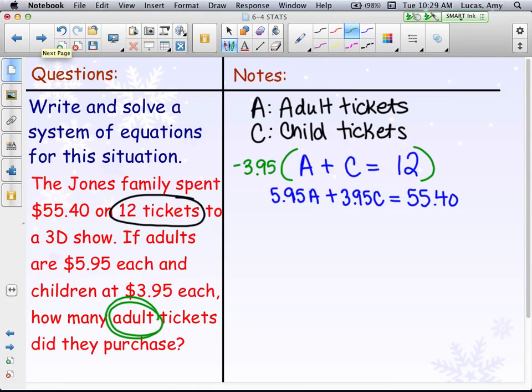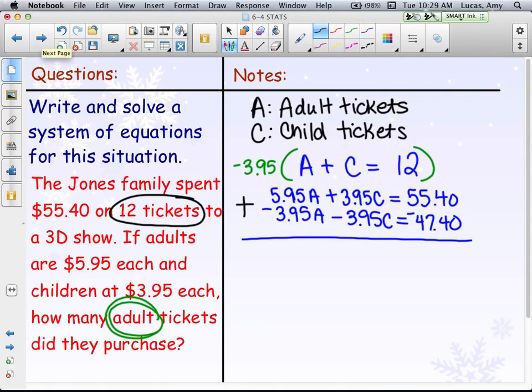So then the result will be negative $3.95A minus $3.95C equals, and now I need to multiply that negative $3.95 by 12. That would be negative $47.40.